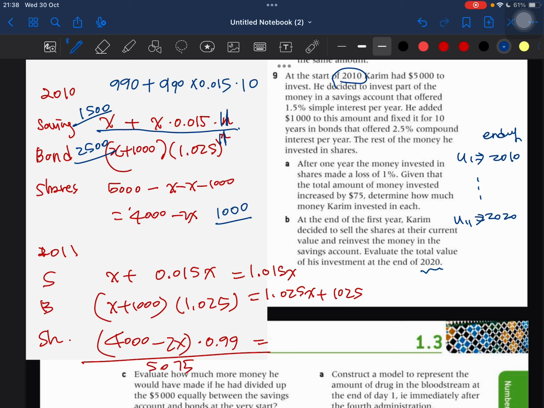So like this. So now I will calculate it: 1500 plus 1500 times 0.015 times 11, because the first saving amount will get the interest 11 times. And also this bond, 2500 times 1.025 to the power of 11. So this and this and this he will get at the end of 2020.